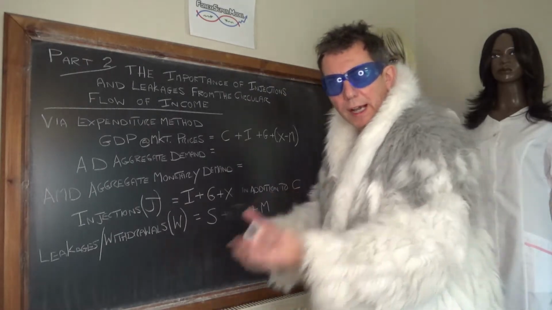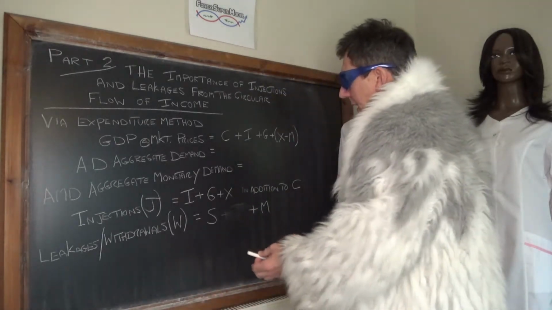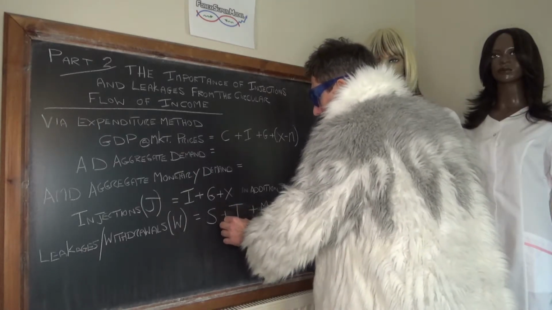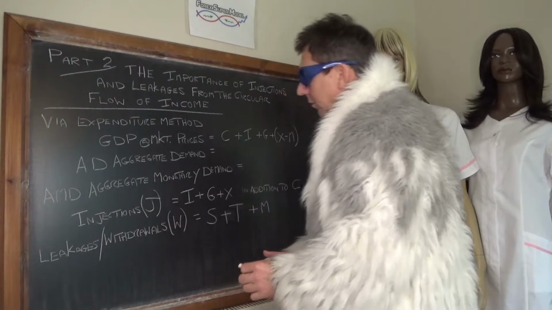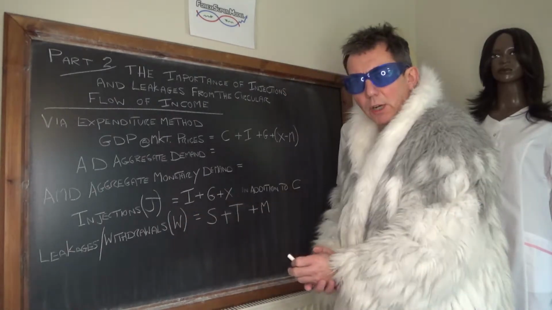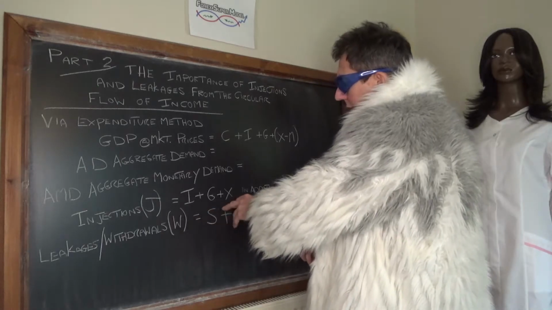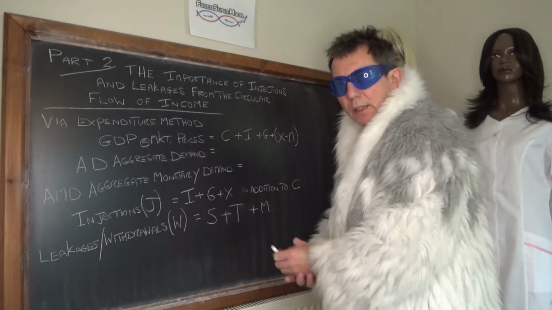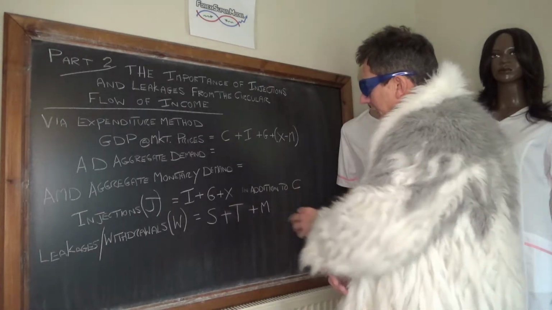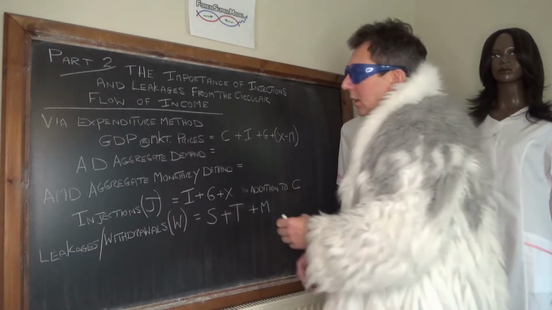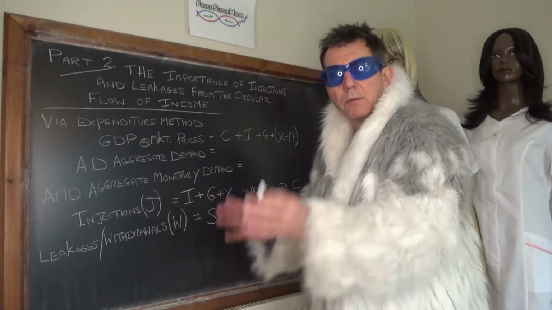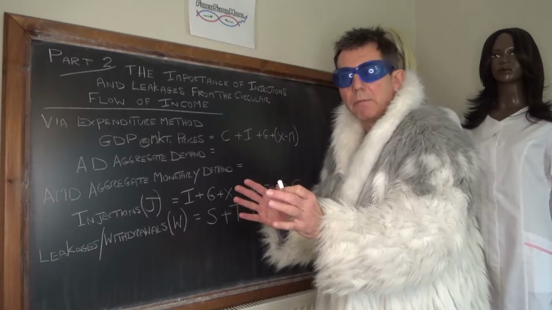They're things flowing out of the circular flow, and leakages or withdrawals, designated as W, are things like savings, which we'll talk about in a minute, taxation, T for taxes, and M for imports. So they're things that are flowing out, but there's a caveat to that which we'll talk about in a minute.